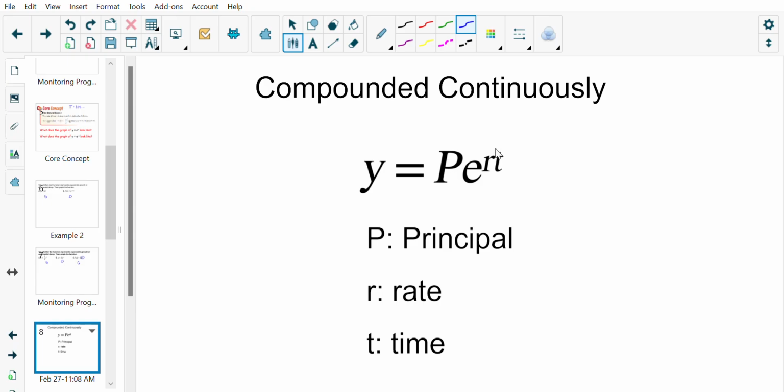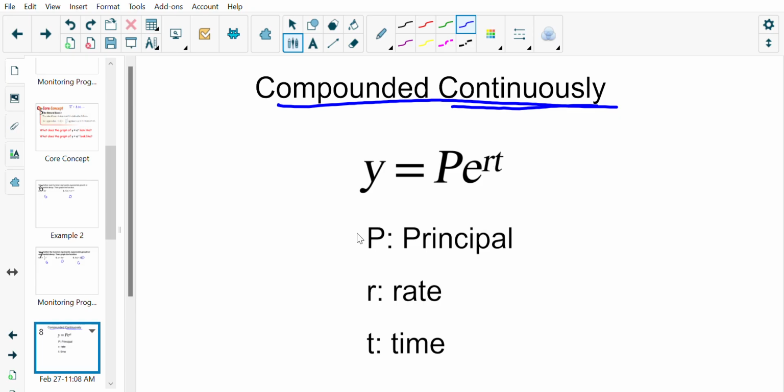Anytime you see the words in a problem compounded continuously, you're going to use PERT. We've talked the last couple days about compounding problems where we compound quarterly or monthly or weekly. We don't use this formula when we hear those words. Only when you see this word continuously are you going to use this PERT.